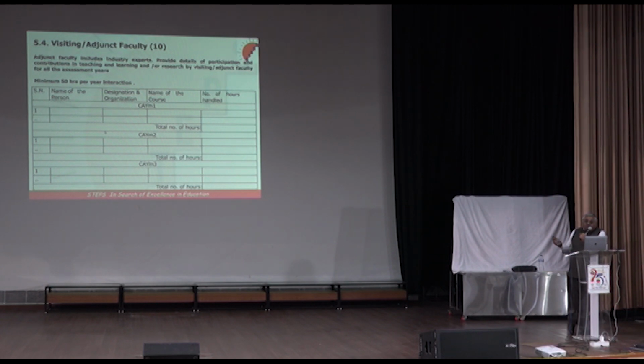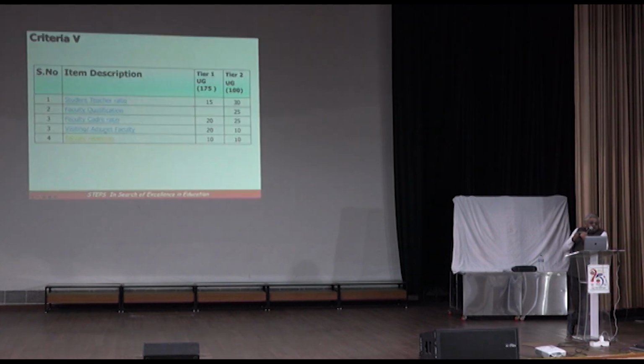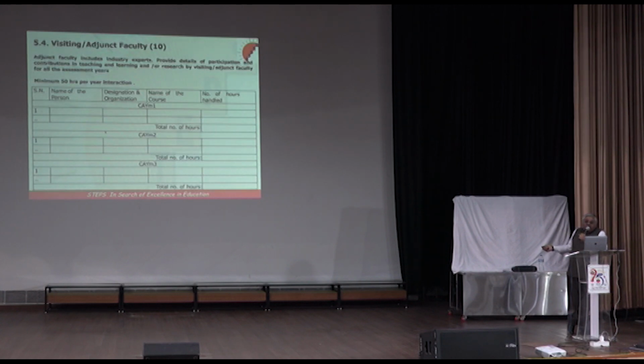It was there, but the table was not there. Now the table has come in. But again, the table talks of CAY -1, does not talk about CAY, so the data has to be for the previous years.